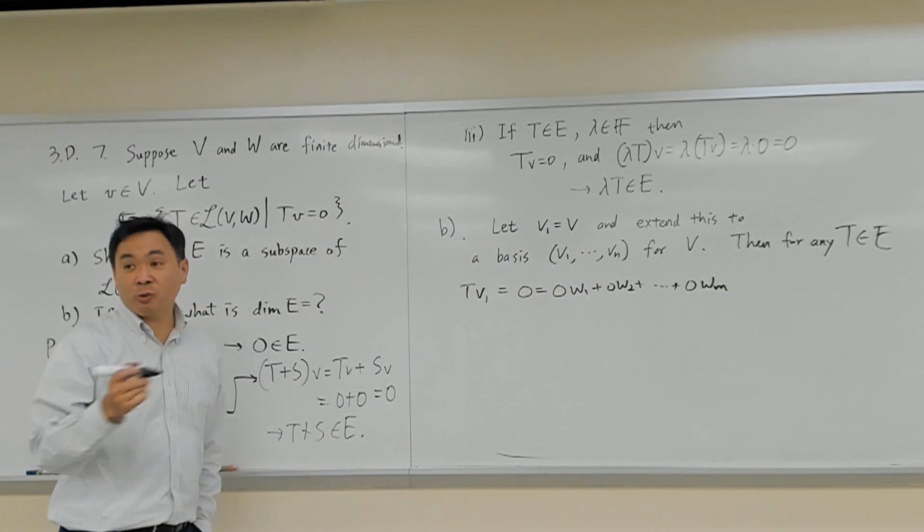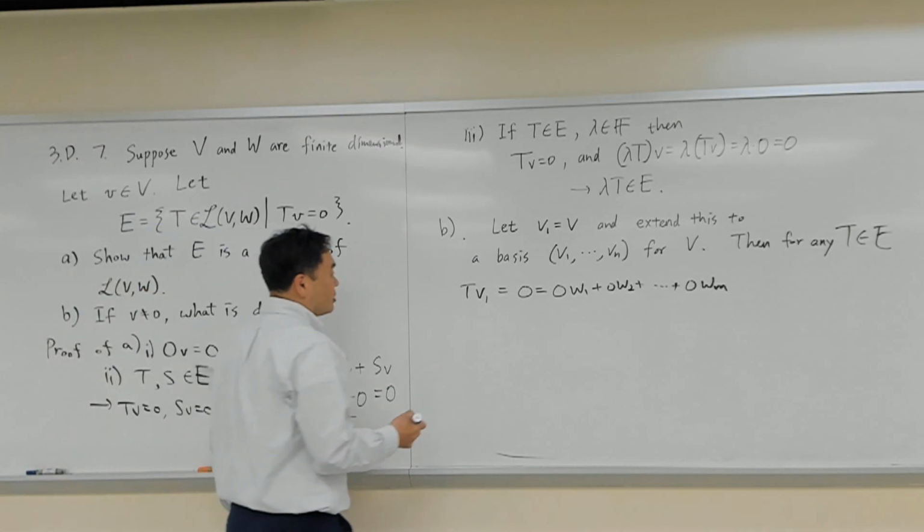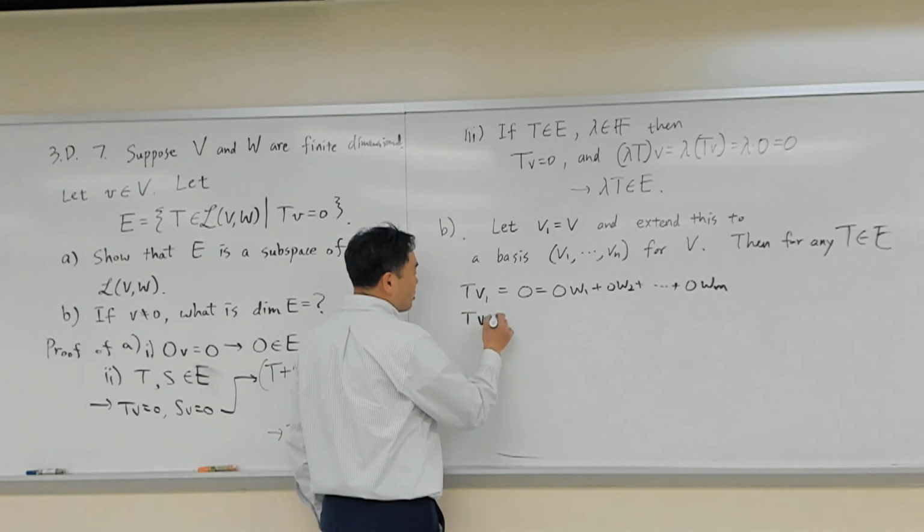Where w1 through wm is the basis for the space W. And then the other vectors, we don't know. This could be anything.